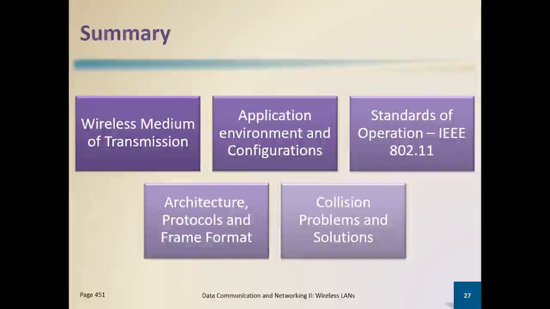On top of that, you also have to look at how control mechanisms can be put in place to address issues that relate to collisions. We also looked at some of the problems with collisions and how they were addressed using carrier sense multiple access with collision avoidance, as well as request to send and clear to send.